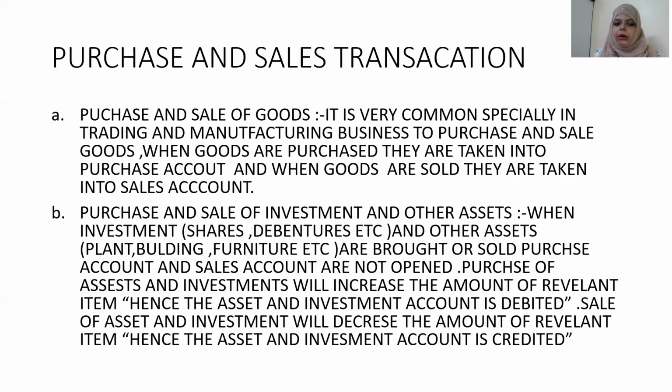If I'm buying a plant, it will increase my asset value. When it increases my asset value, or my investment value, the particular investment has to be debited. Means the asset account is to be debited.